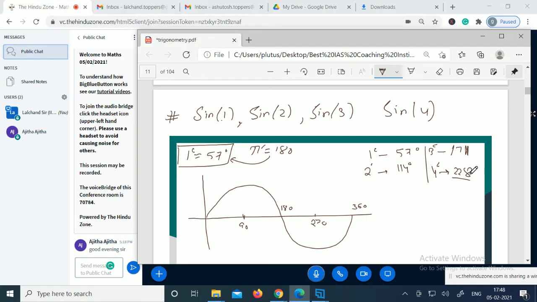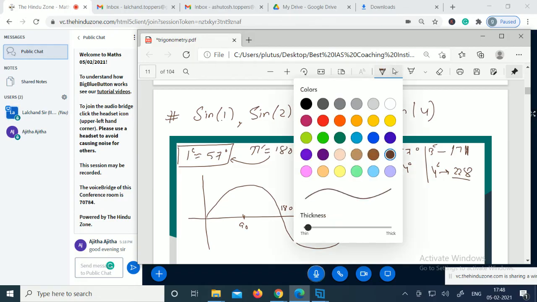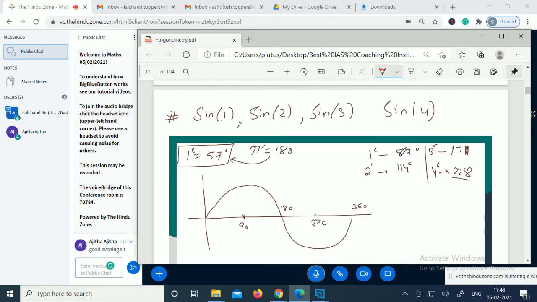Now plot these points on the plot one by one. The first is our 57. So here somewhere is 60 and here somewhere is 57, like here. So the value will be here somewhere. This is our first. So we can say this is the value for sin 1. Okay. Now come to this 114.